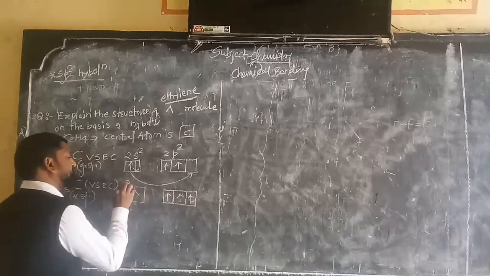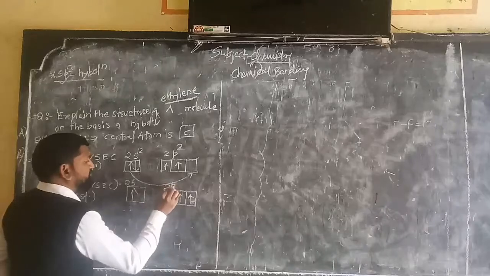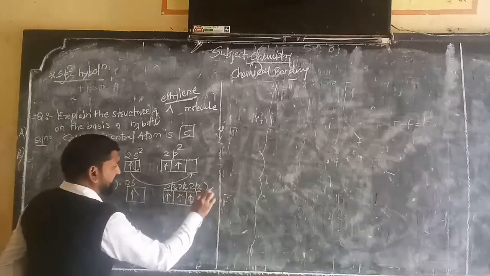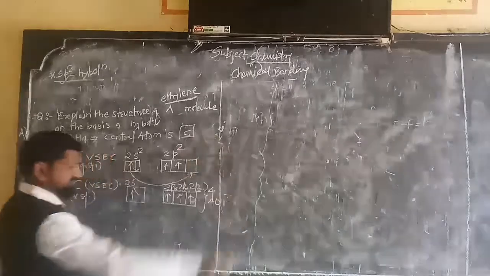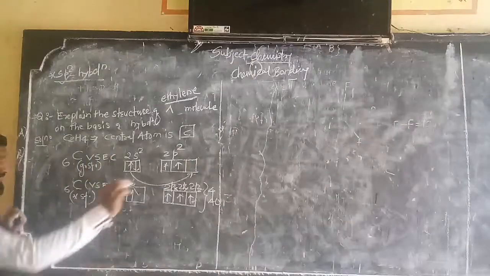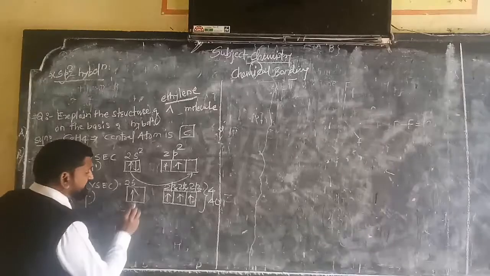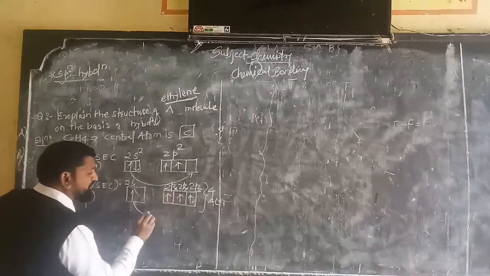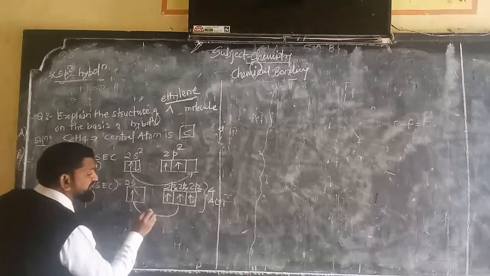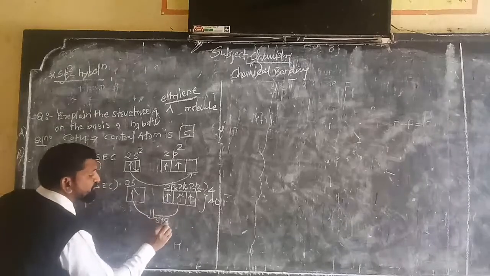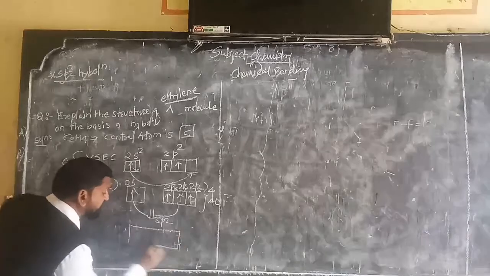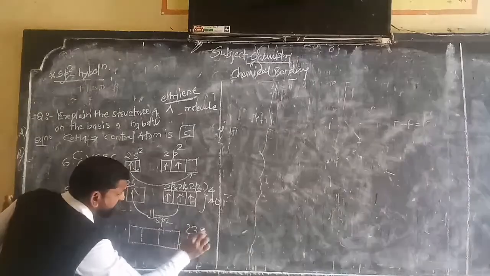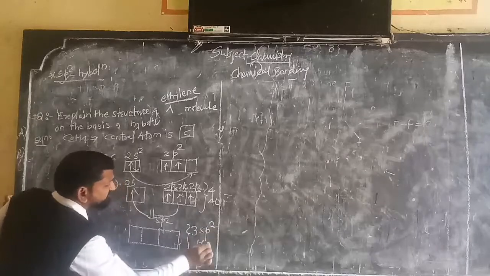What are their names? 2s, 2px, 2py and 2pz. These are the 4 atomic orbitals. Out of these 4 atomic orbitals, one 2s and two 2p atomic orbitals take part in the hybridization named sp2, and there is a formation of 3, so here I am writing 3 sp2 hybrid orbitals.